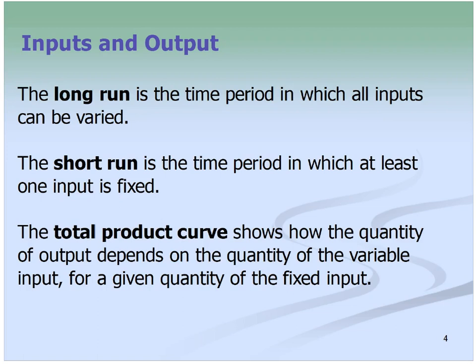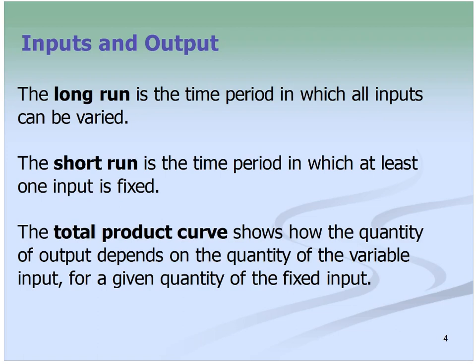And the total product curve essentially is going to show us how that output, in terms of what we're producing, based on the quantity that we're trying to produce and the variable inputs, are put together with the fixed inputs, and that gives us our total product curve.